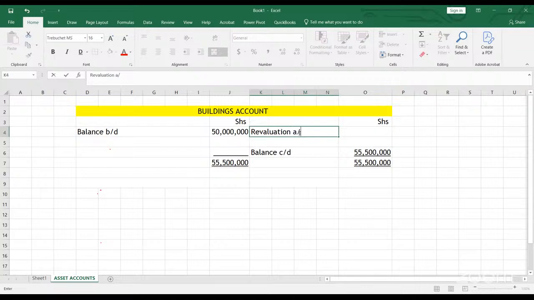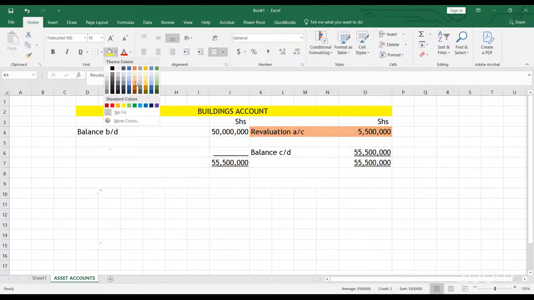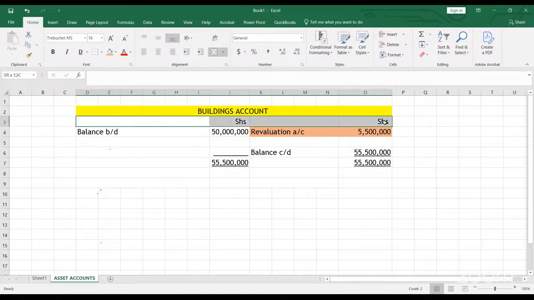This is to be taken in the revaluation account. How much is the gain? The gain will be 5.5, 55.5 minus the 50. This 5.5 is what we take to the revaluation account.